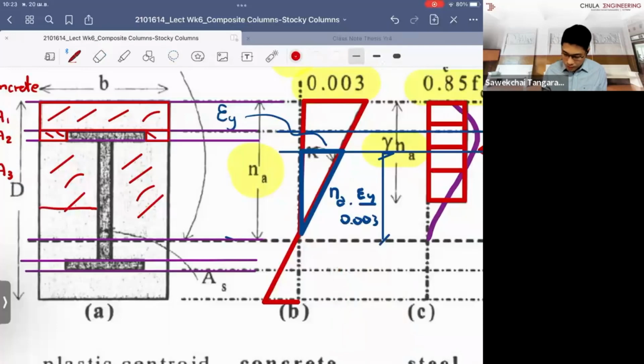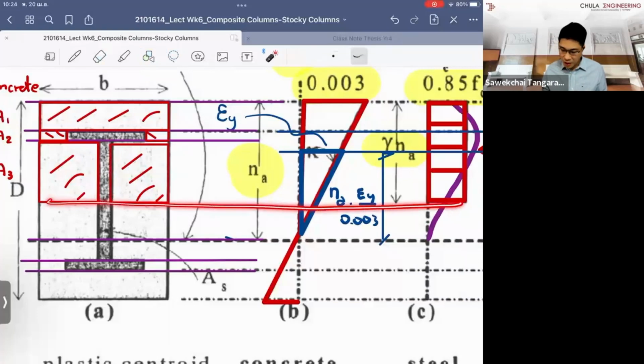Up to the levels here. That's all right. So you only calculate the areas times the stress value.